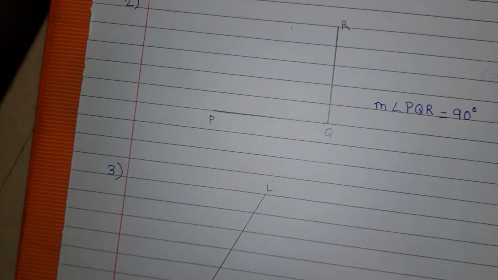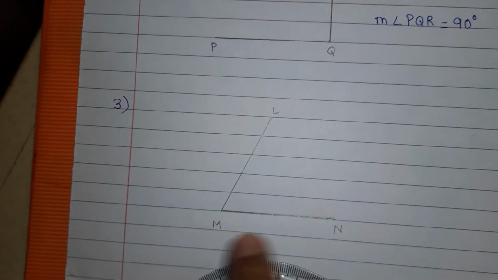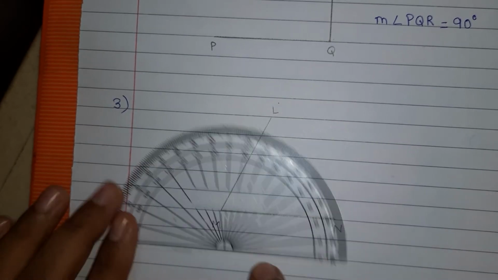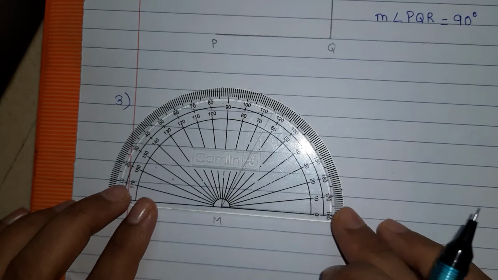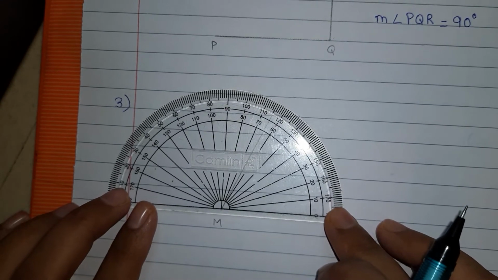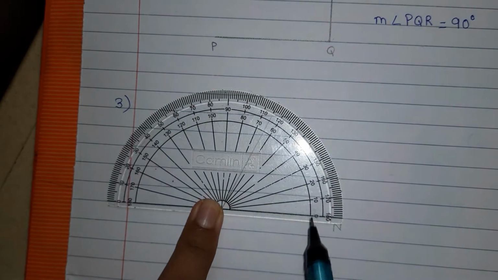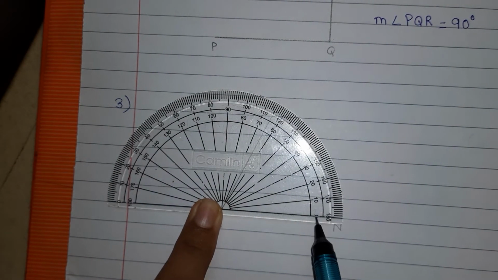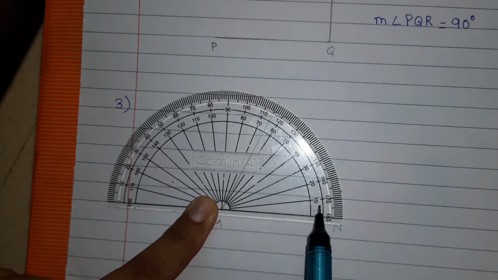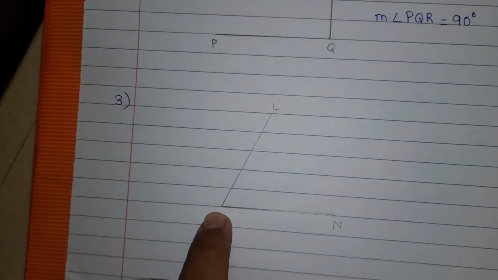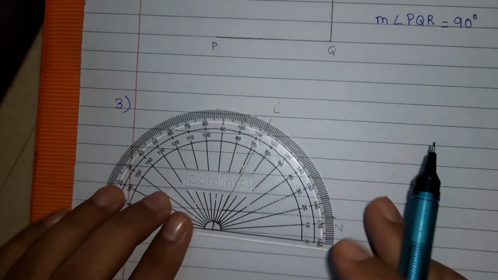Now, next one, angle LMN. First step, center on the vertex and baseline on the arm. So, which 0 will you take, right or left? Right 0, because the angle is on the right side of the vertex. यह vertex है और angle इसके right side में है, तो 0 भी हम कौन सा लेंगे?